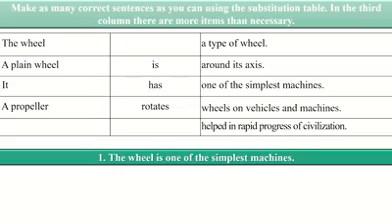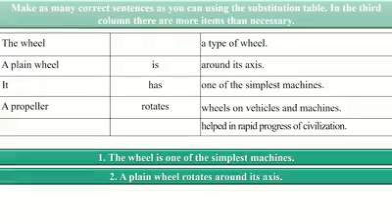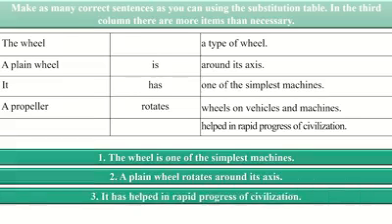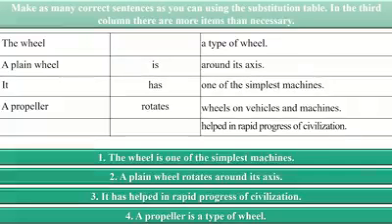The first sentence is, the wheel is one of the simplest machines. Second sentence is, a plain wheel rotates around its edges. Third sentence is, it has helped in rapid progress of civilization. And the last sentence is, a propeller is a type of wheel.